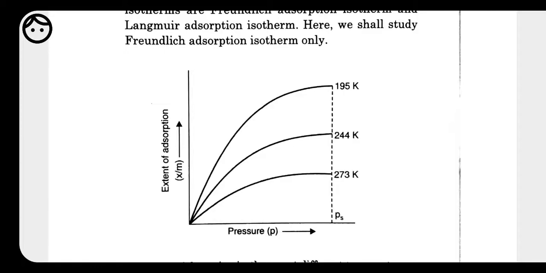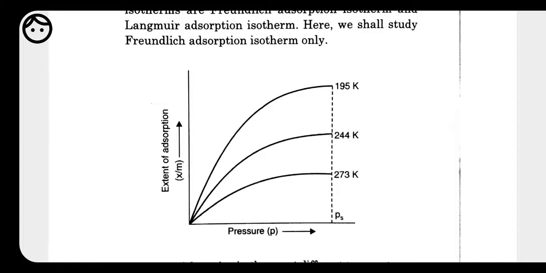It means that here we have reached equilibrium. Equilibrium means where the processes of adsorption and desorption become equal. Whatever amount of substance adsorbs, the same amount of substance desorbs. That's why it reaches equilibrium and the line goes straight.